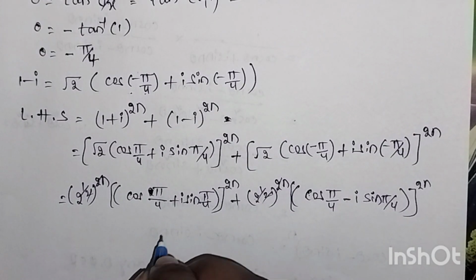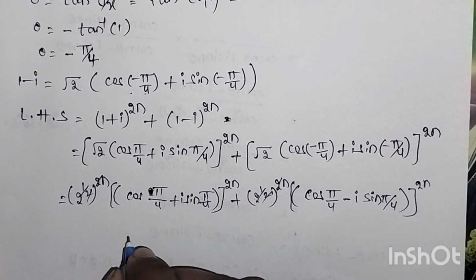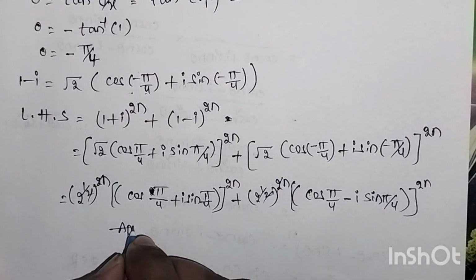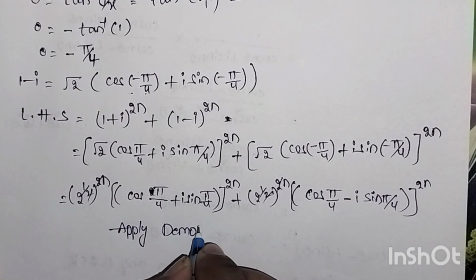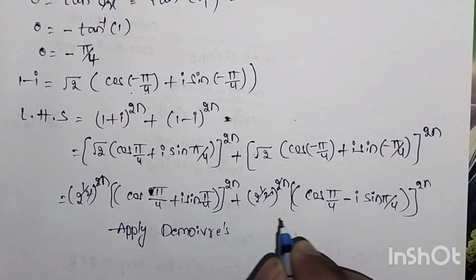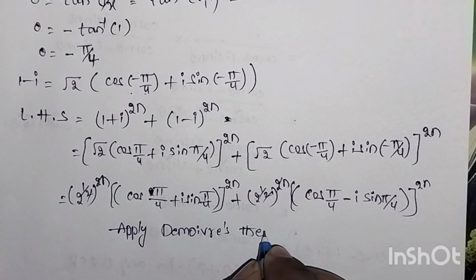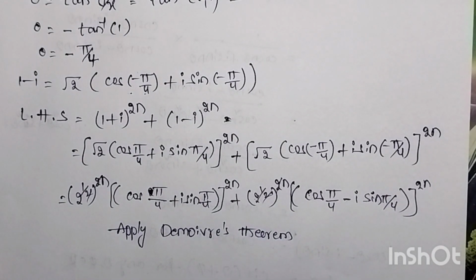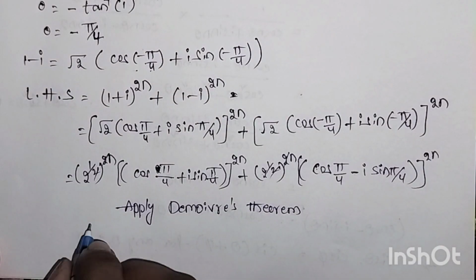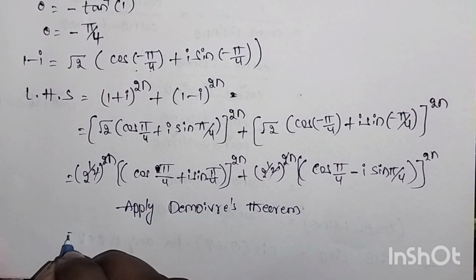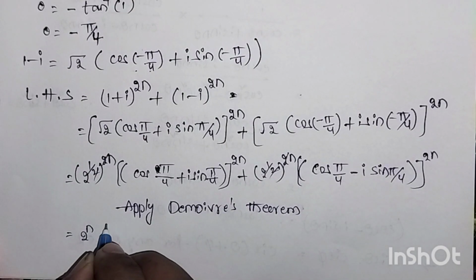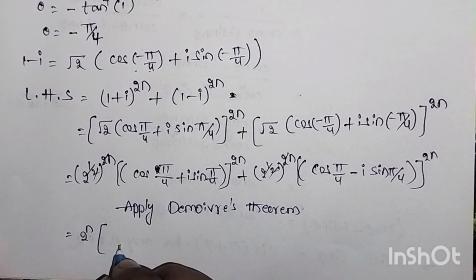So here we can apply de Moivre's theorem. From this, I am taking 2 power n common, 2 power n of, applying de Moivre's theorem.